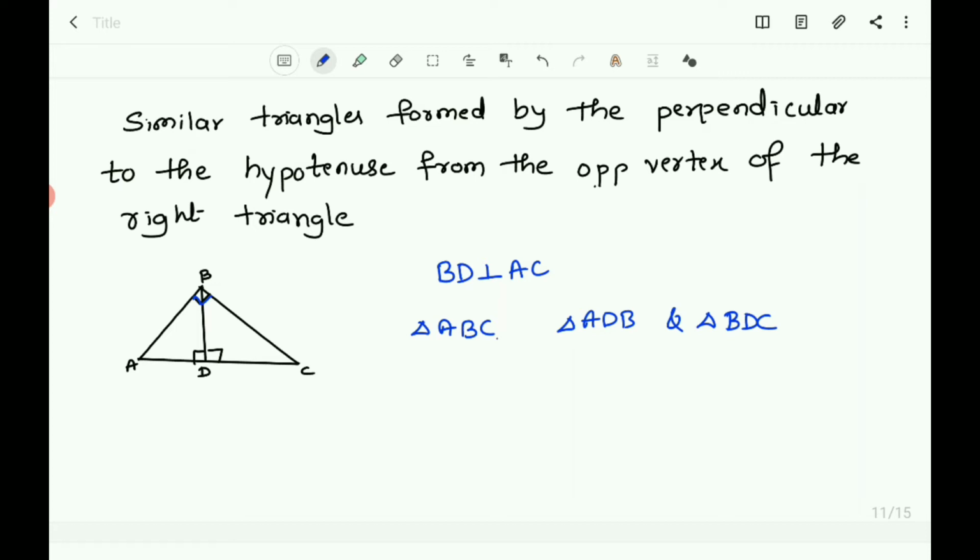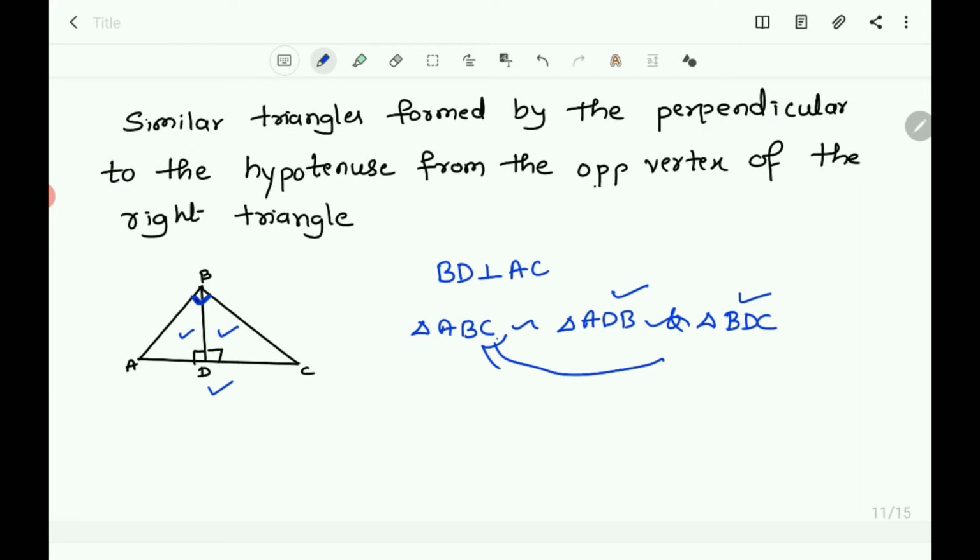Here, if a perpendicular is drawn from the right angle vertex B to the hypotenuse AC, then there are two triangles formed on both the sides of the perpendicular, and the statement says that these two triangles, ADB and BDC, are similar to each other, and also they are similar to the given triangle ABC, means all these three triangles are similar.